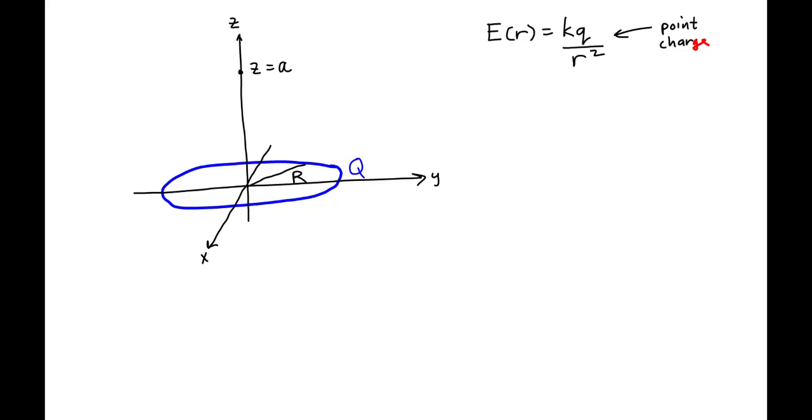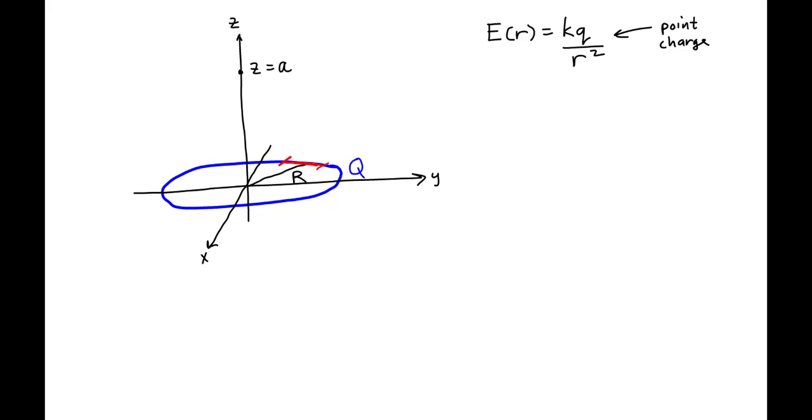But we can indirectly. Since we know how to calculate the electric field due to a point charge, let's break this ring of charge into an infinite number of tiny point charges. So I am going to create a representative charge element, and I'm exaggerating the size of this charge element to make it easier to visualize when we calculate the electric field.